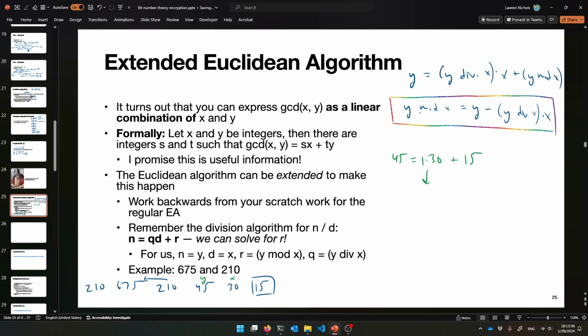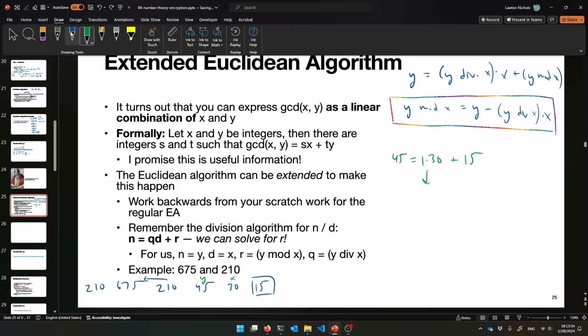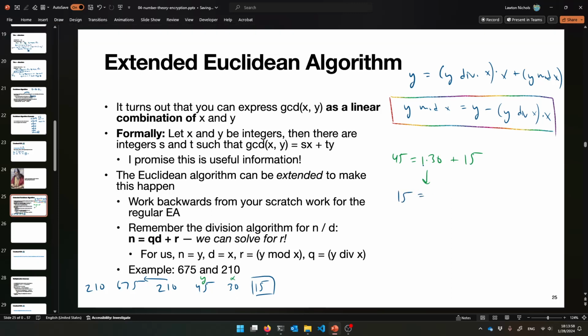And so you can use this idea to solve for y mod x, which was 15. 15 is equal to 45 minus 1 times 30.